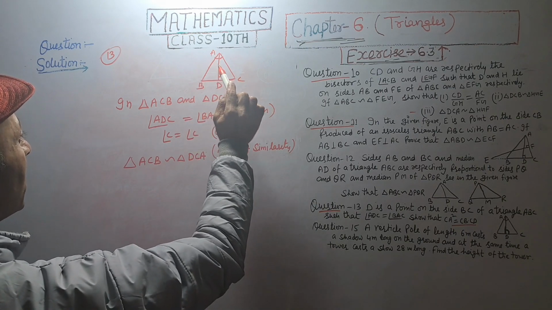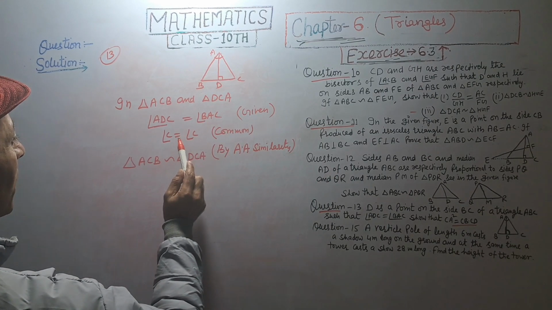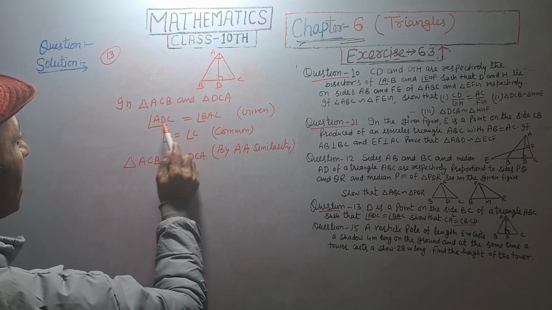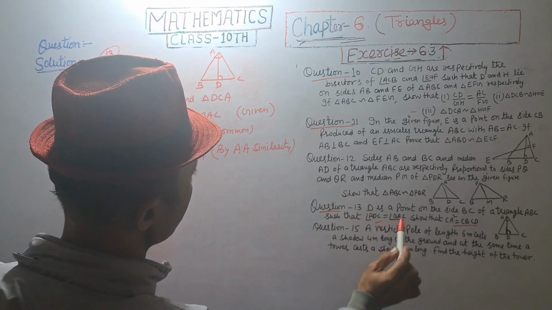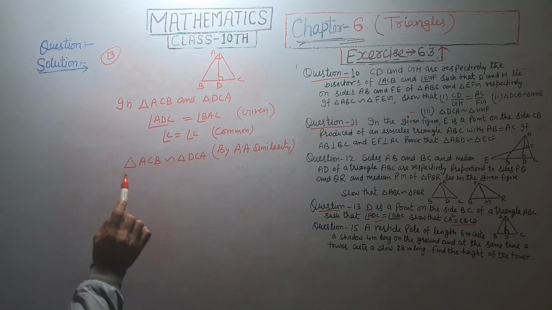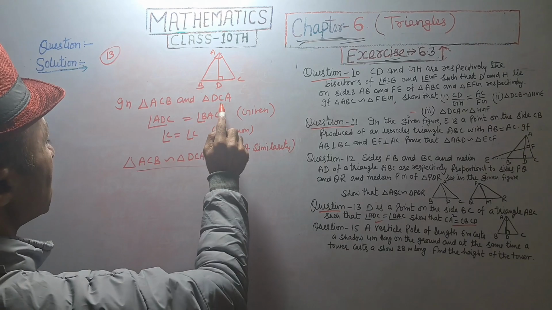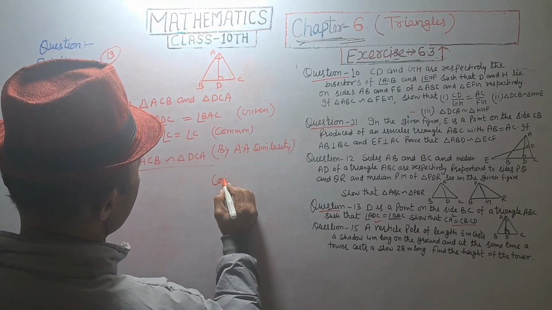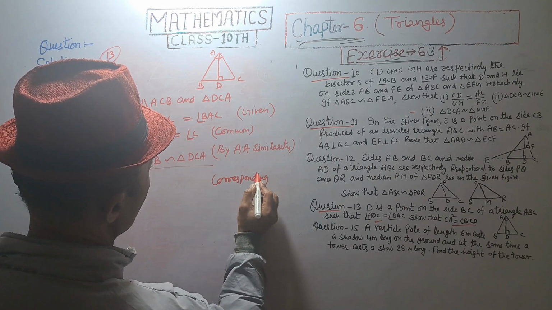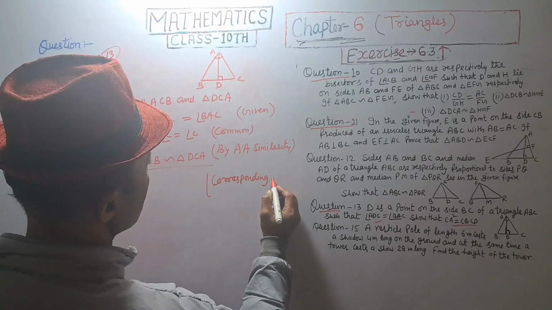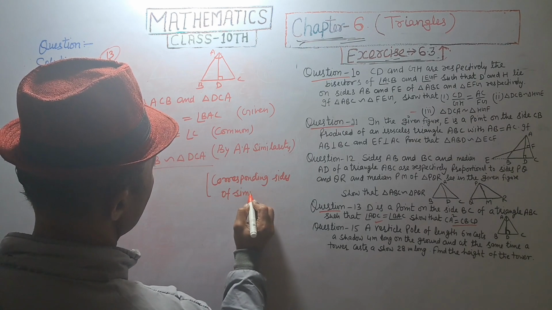In triangle ACB and triangle DCA, angle C is angle C, common to both, and BAC is equal to ADC, it's given. By angle similarity, triangle ACB is similar to triangle DCA, and corresponding sides of similar triangles are equal.